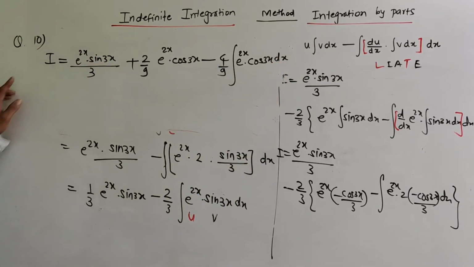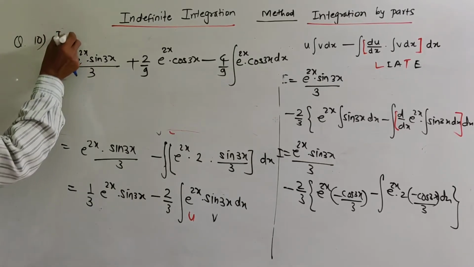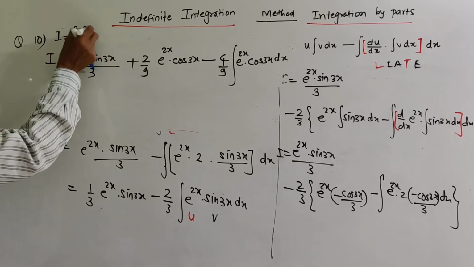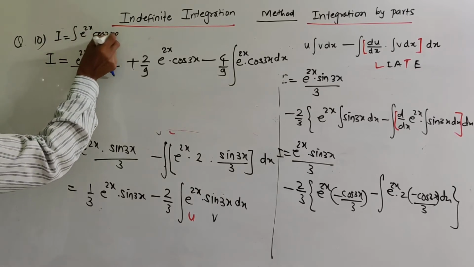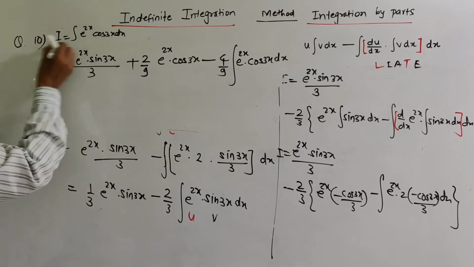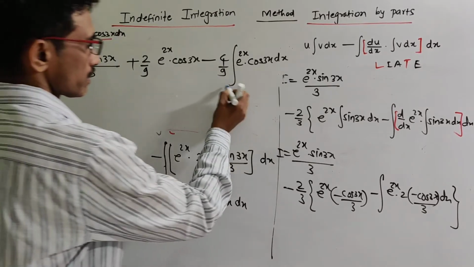So here we have started with I. Our I is equal to the integral of e raised to power 2x cos 3x dx. And we are getting this I over here.